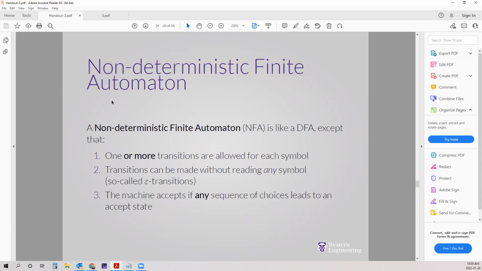In an NFA, I can go along different paths. Transitions can also be made without reading any symbol, with epsilon, so I can move to the next state. The machine accepts if any sequence of choices leads to an accept state. I might have four paths, and if one or more of them lead me to an accept state, then I will accept.